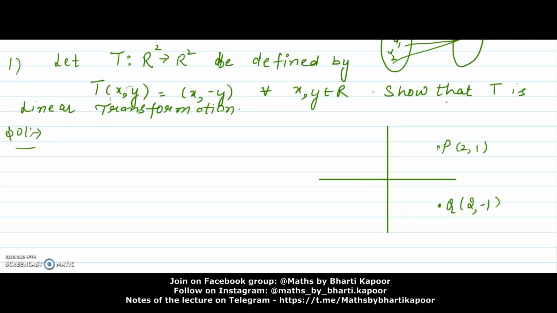So for proving whether T is a linear transformation, we will follow the same procedure. Let alpha and beta be two members of the field. Here the field will be R, and we will take two elements of the domain. Let those elements be (x1, y1) and (x2, y2).